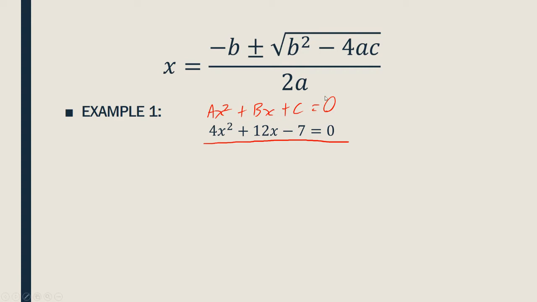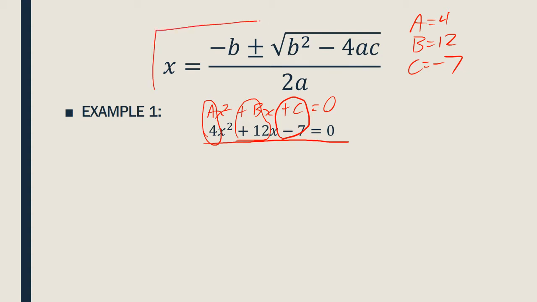So let's identify what my a, b, and c values are. A here is going to be 4. B here is going to be a positive 12. And C here is going to be negative 7. So my a, b, and c values are 4, 12, and negative 7.